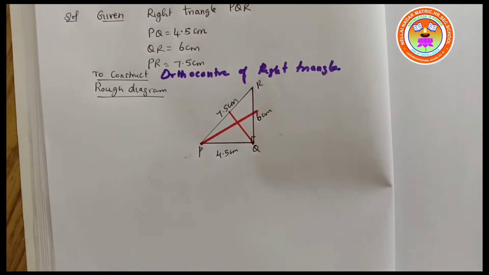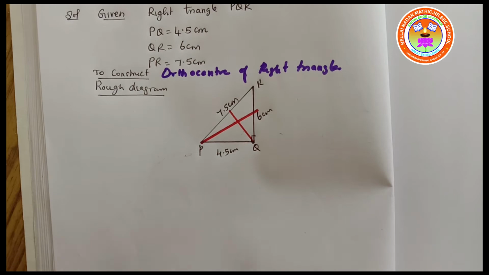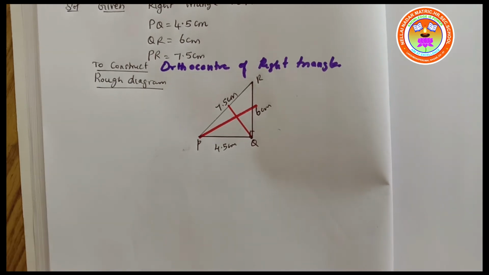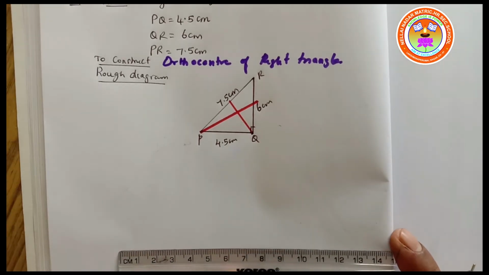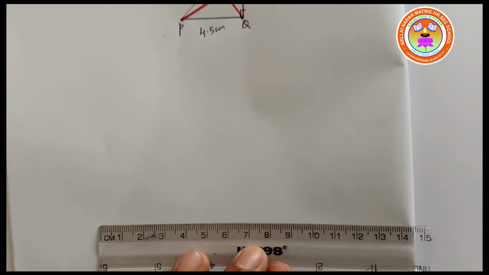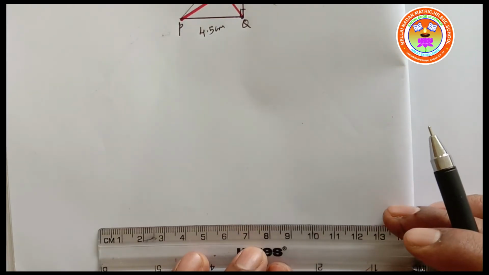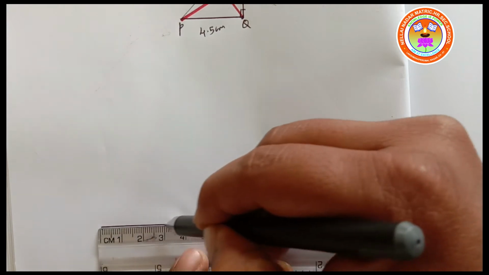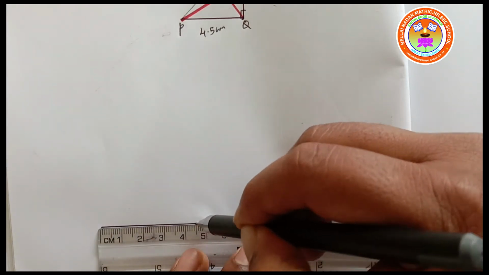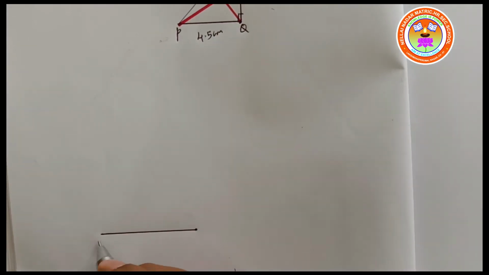Fair diagram. Draw PQ equal to 4.5 centimeter. It's clear, children? This point is PQ 4.5 centimeter.